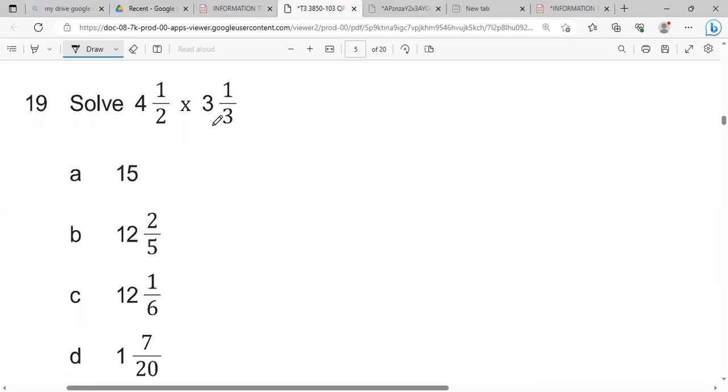So let's convert this. 4 times 2 is 8 and 1, 9 over 2, multiplied by, convert this also, 3 times 3 is 9. Add the numerator, 9 plus 1 gives us 10 over 3. Now the rule states, once we are multiplying fractions, we can cancel, but I'm going to do it the long way. So what we can do is multiply 9 times 10, which is 90, and then 2 times 3 is 6.